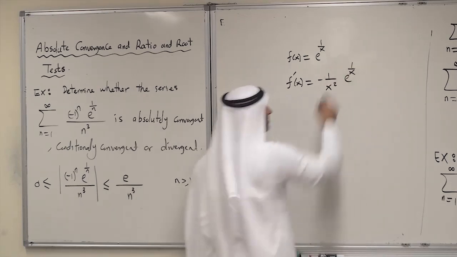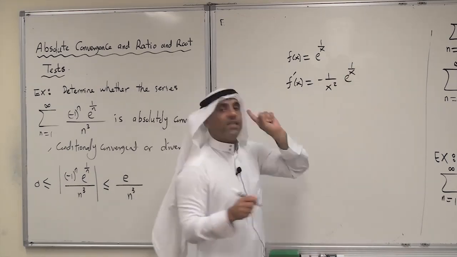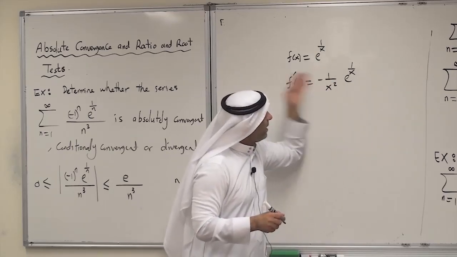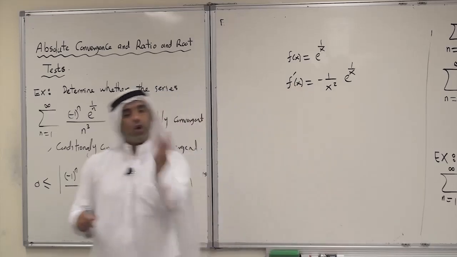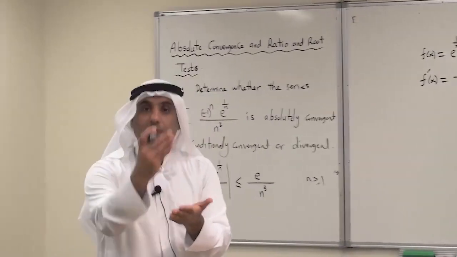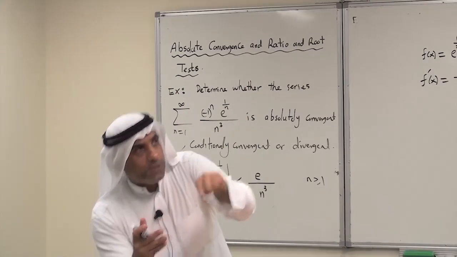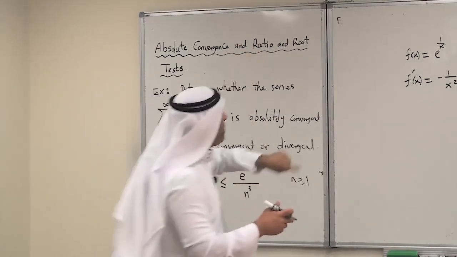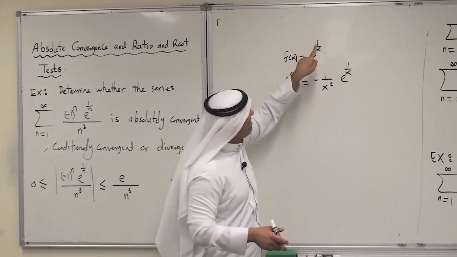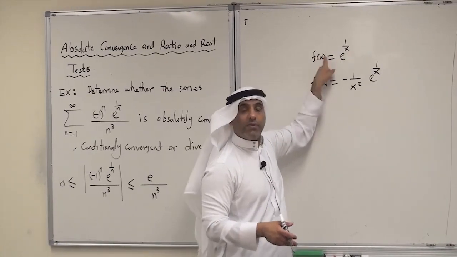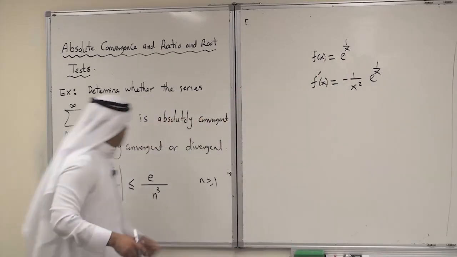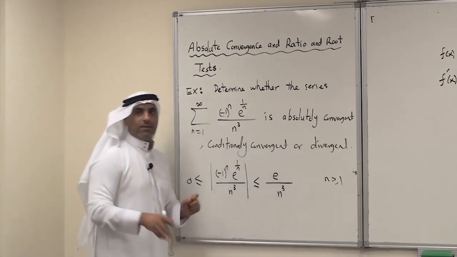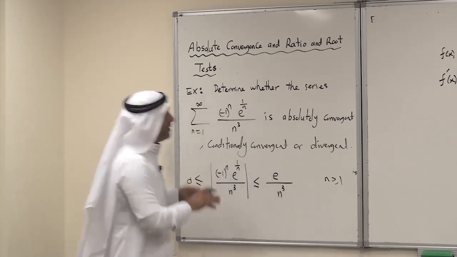This is always negative for x greater than or equal to 1. Since it is always negative for x greater than or equal to 1, the function itself is always decreasing from 1 to infinity. So if you have a decreasing function from 1 to infinity, the maximum point will appear at the first point. And the first point here is x equal to 1. If you substitute x equal to 1, you have f of 1 equal to e. So this quantity, e to the power 1 over n, is always less than or equal to e to the power 1. That's it. This is the idea how to prove this inequality.